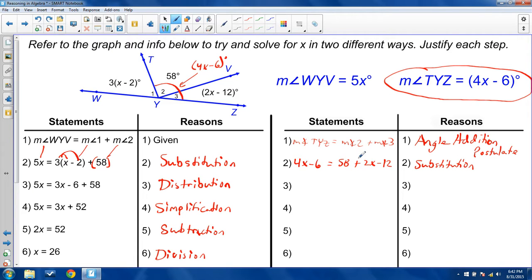Okay, so it looks like there's some combining like terms that I just want to do here. Again, because it's each individual step, you want to do them one at a time. I could do something like commutative property and say that I could switch negative 12 with 2x, but for the sake of time, I just want to subtract 12 from 58. So I have 4x minus 6 equals 2x plus 46. 58 minus 12 is 46, and that was some simplification.